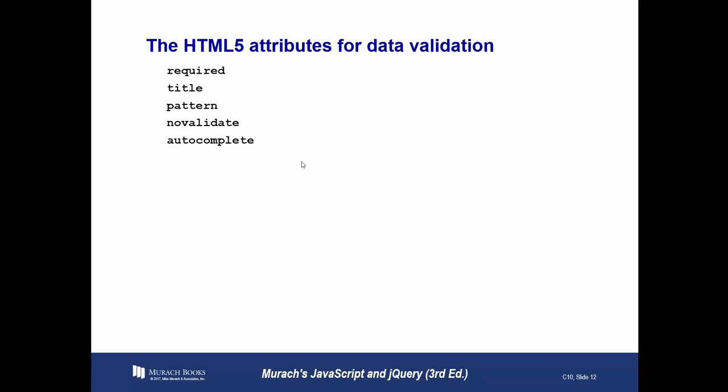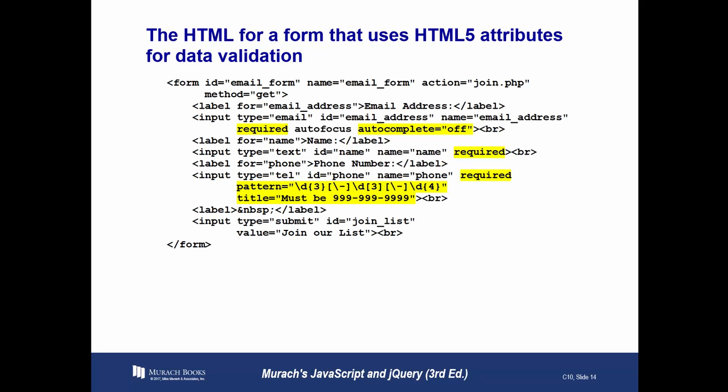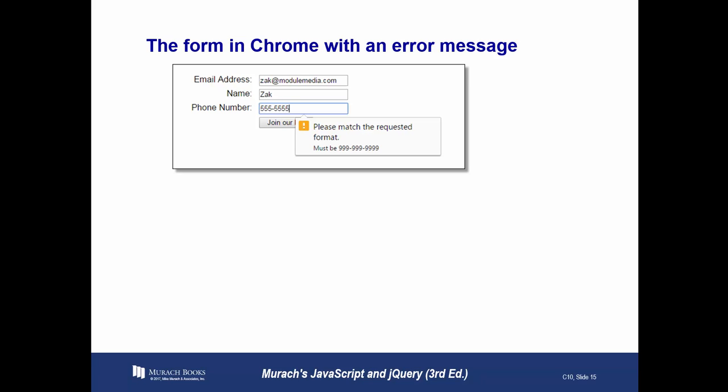So Chrome, IE, Edge, Firefox, and Opera all support, in some form or other, the HTML5 attributes and the CSS3 pseudo classes that are shown here. Okay? Even so, you typically need to use JavaScript or JavaScript along with some jQuery in order to make sure stuff works. All right.